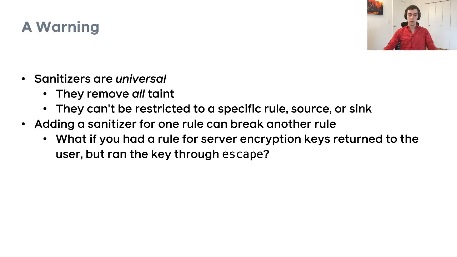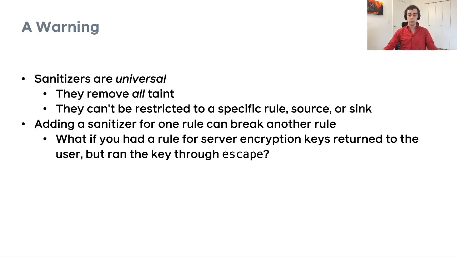The thing to be wary of, however, is that sanitizers are universal. That means they're going to remove all taint regardless of what source was going in and what sink it was headed towards. There's no way to make them specific to a rule, specific to a source, specific to a sink. That means that when you add a sanitizer, you could remove false positives for one rule, but you might accidentally break another rule.